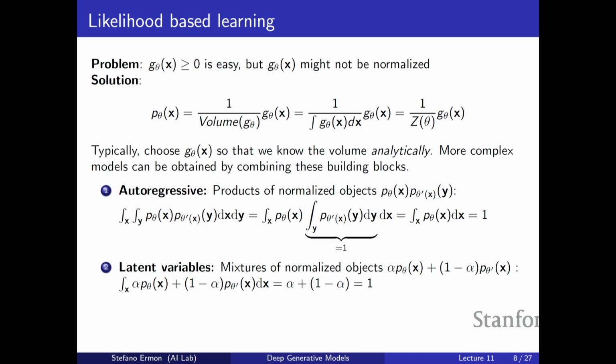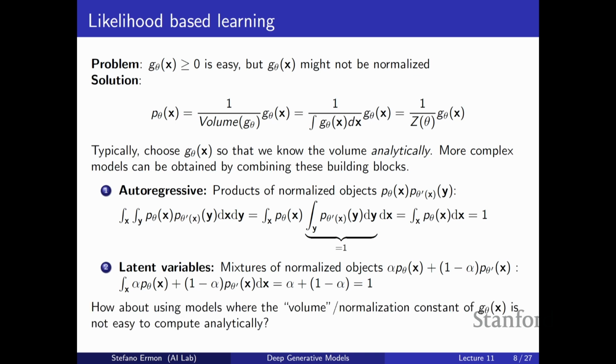And that's basically what happens in a variational autoencoder, where you have this kind of mixture behavior. The conditionals in the encoder and the decoder are simple normalized objects like Gaussians, and you're taking a mixture of them, and by doing that you define a marginal, which is again normalized by construction.